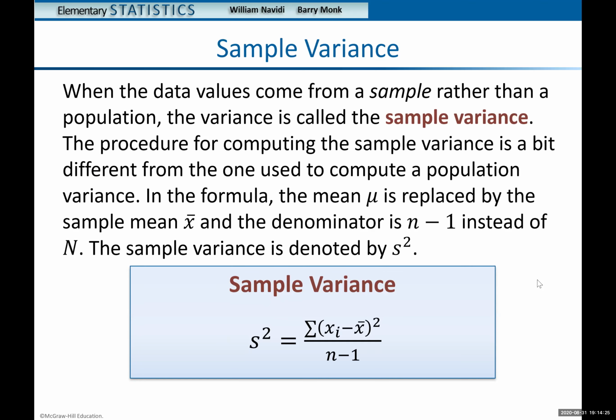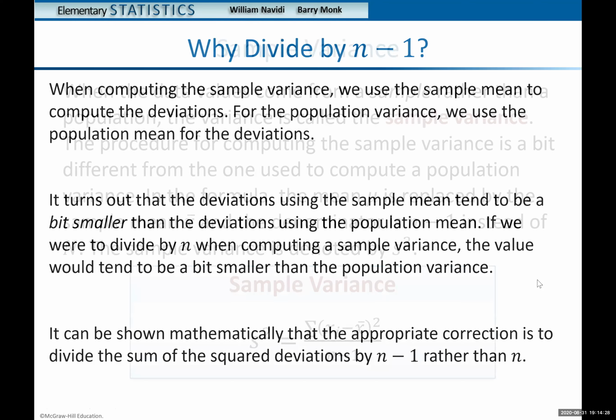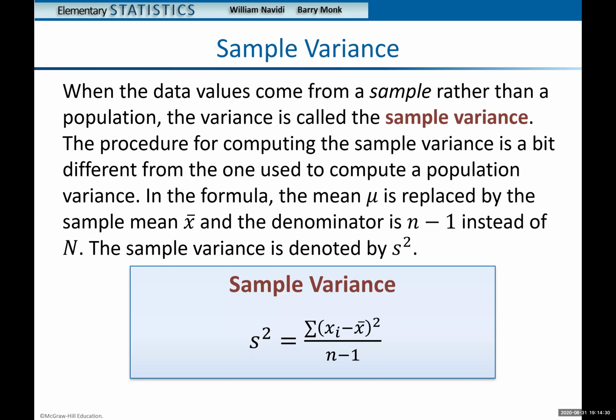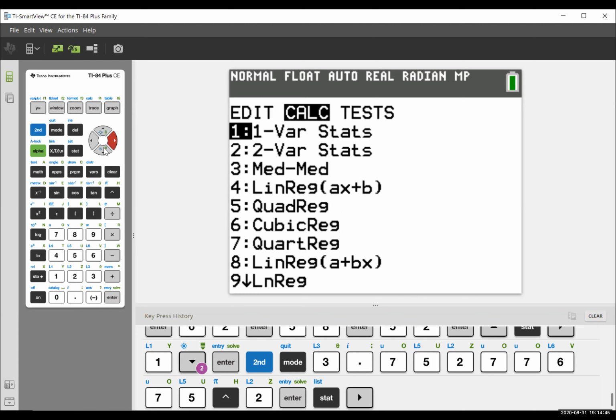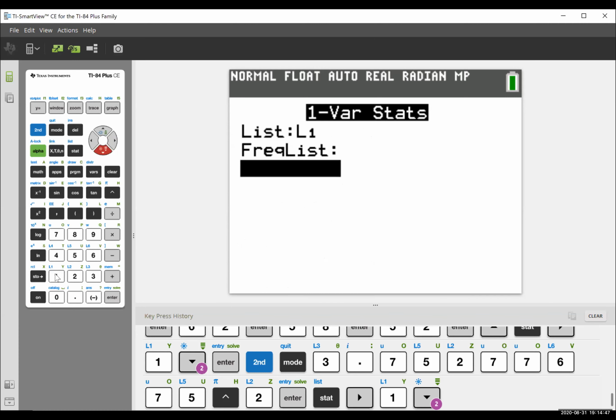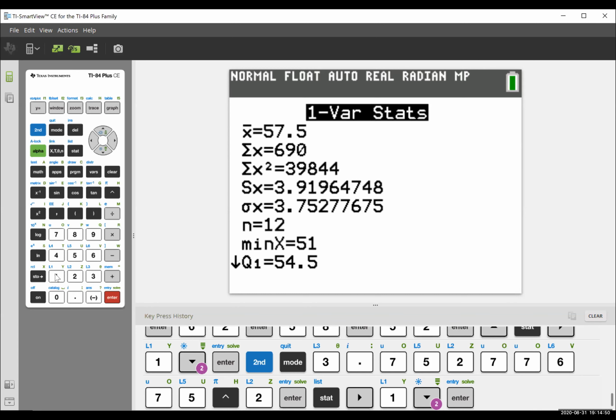Sample variance is the same thing, but this time it is S squared. I'm just gonna go back and show it to you. So if you do this again, Stat Calc 1, that's the shortcut. You see here Sx. So the sample variance is S squared.